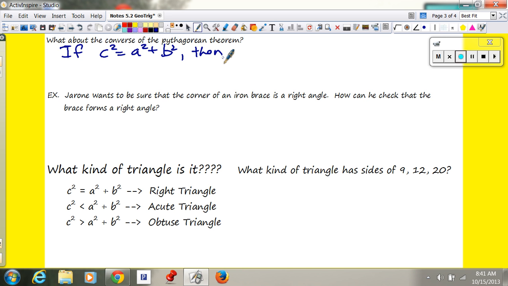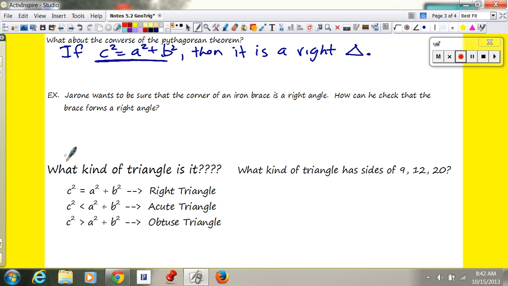If c squared is equaling a squared plus b squared right here, then it has to be a right triangle.